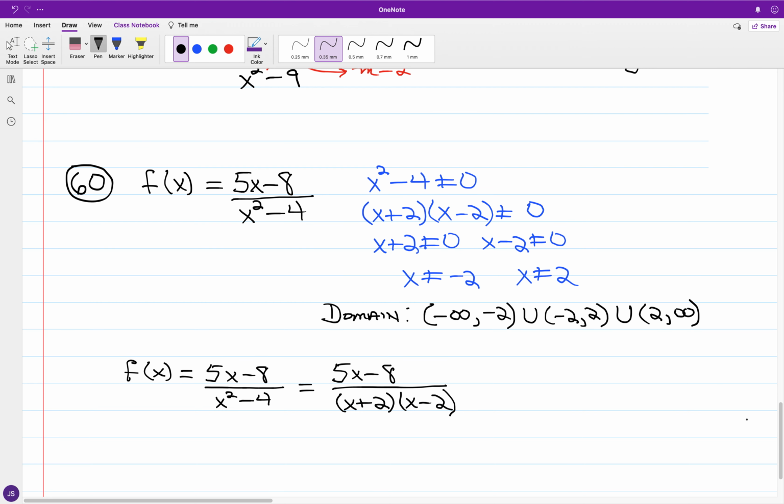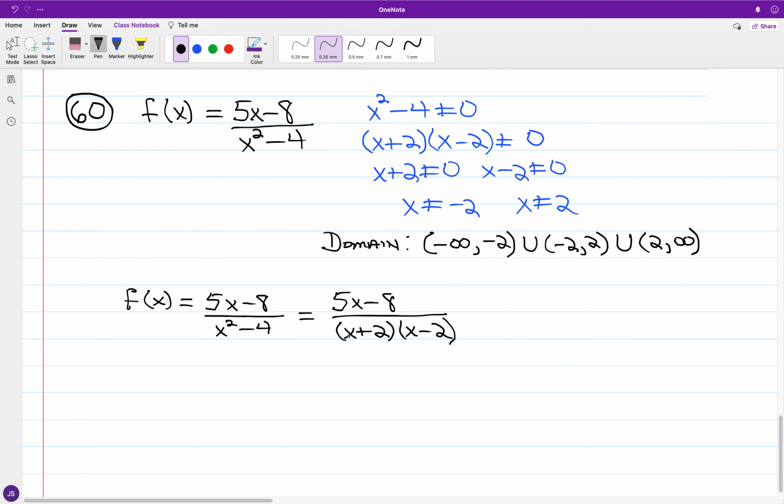Just like x plus 3 and x minus 3 moments ago, x plus 2 and x minus 2 are not going to be factors of the numerator. So x plus 2 and x minus 2 remain. It's going to follow that the vertical asymptotes will be both x equal to negative 2 as well as x equal to 2.